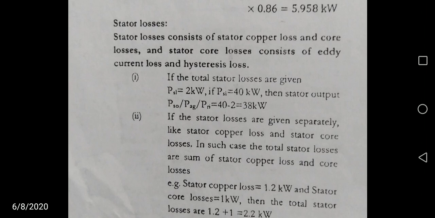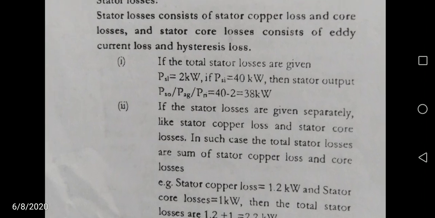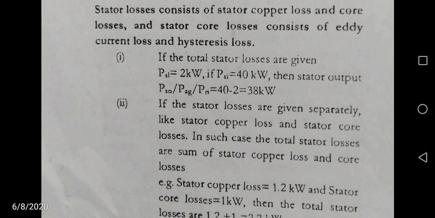Stator losses consist of stator copper losses and core losses, and stator core losses consist of eddy current and hysteresis losses. So in the stator both constant and variable losses are there, but in the rotor only variable losses are there.